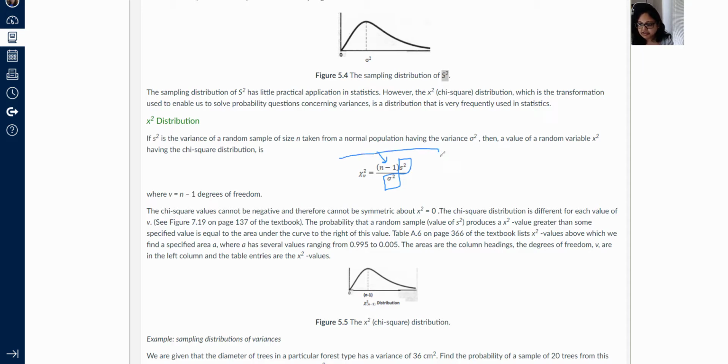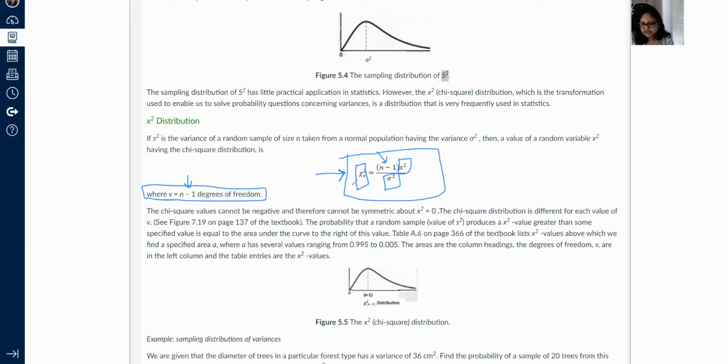The statistic for the chi-square distribution is really simple. We only need the sample variance and the population variance, then you can easily find the chi-square statistic value. But we also need the degrees of freedom, which is n-1, the sample size minus 1.